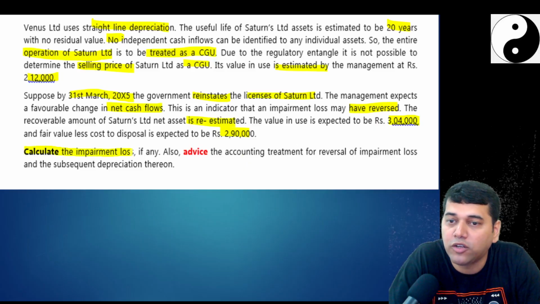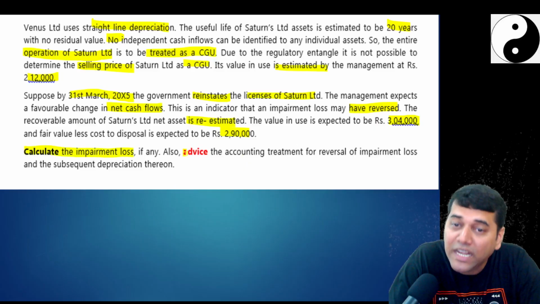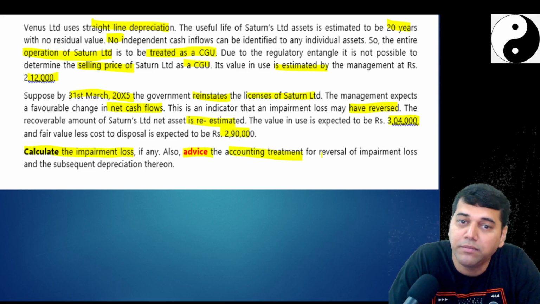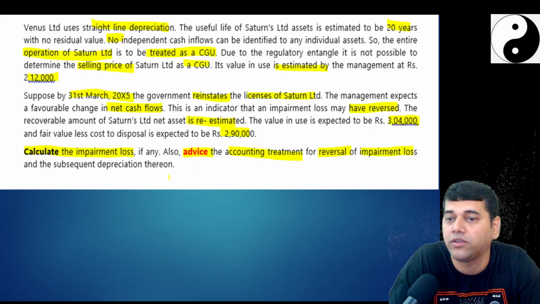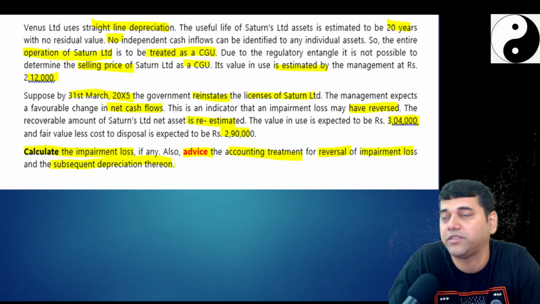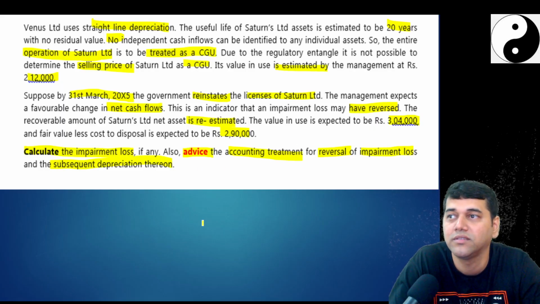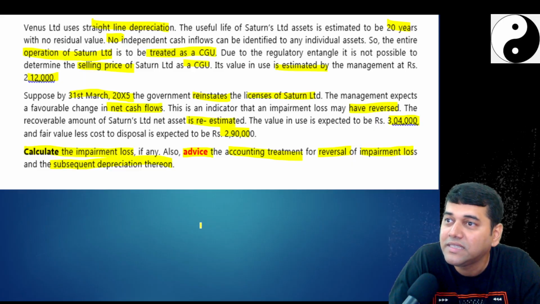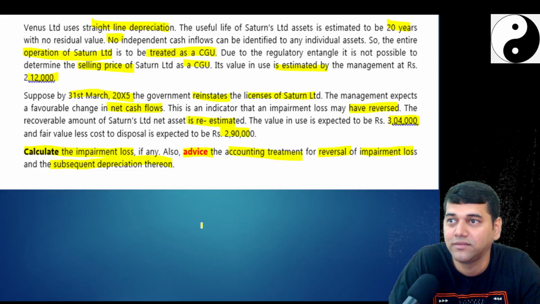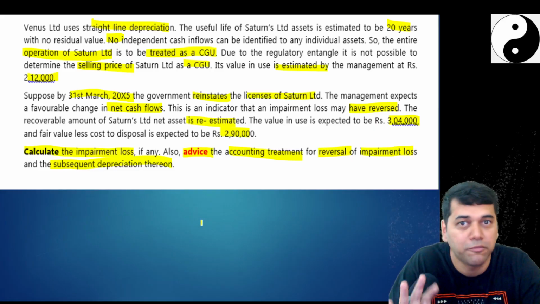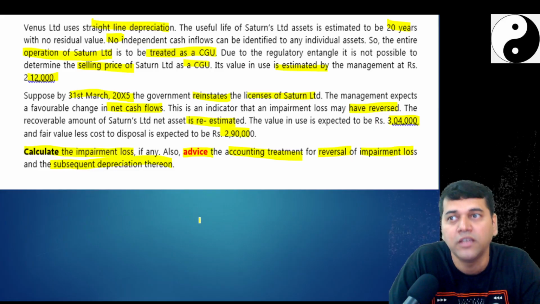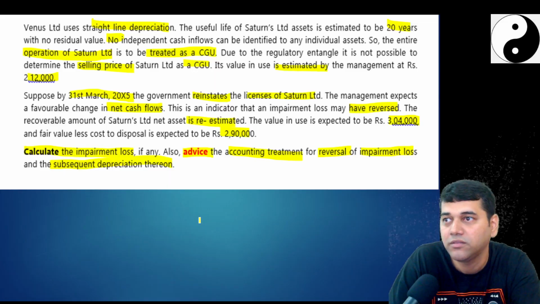Calculate the impairment loss and advise the accounting treatment of reversal of impairment loss and subsequent depreciation thereon. How many questions? 3 questions. See, that is the first thing you should understand, where they will fix one, and be careful.